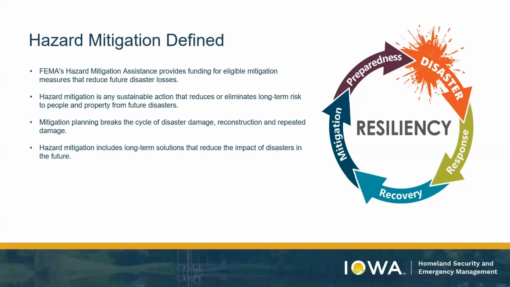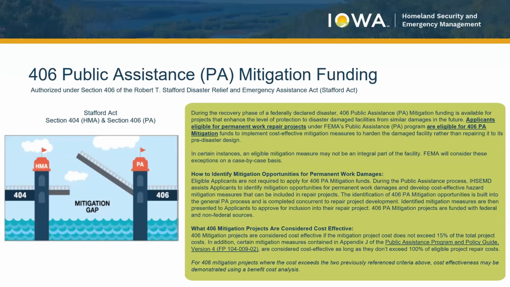So FEMA's Hazard Mitigation Assistance provides funding for eligible mitigation measures that reduce future disaster losses and is really a sustainable action that reduces or eliminates long-term risk to people and property from future disasters. PA mitigation is a key element in building resiliency, so please keep this in mind. If permanent work is declared, you'll be prepared with a couple of ideas for mitigation projects.